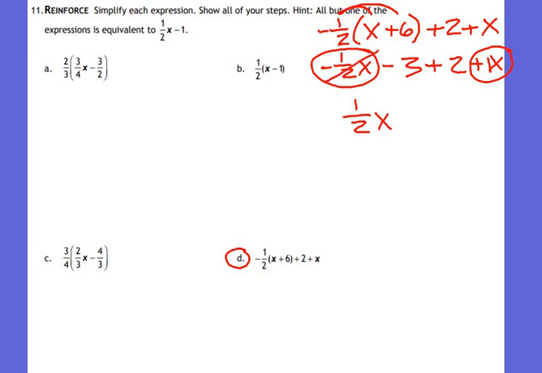So I took care of those two family members. Now I have a -3 and a +2. What does that combine to? A -1 or just a -1? Doesn't matter. Can these two combine? No, so I leave it as that. Did the D simplify to that? Yes. So that one actually worked out.